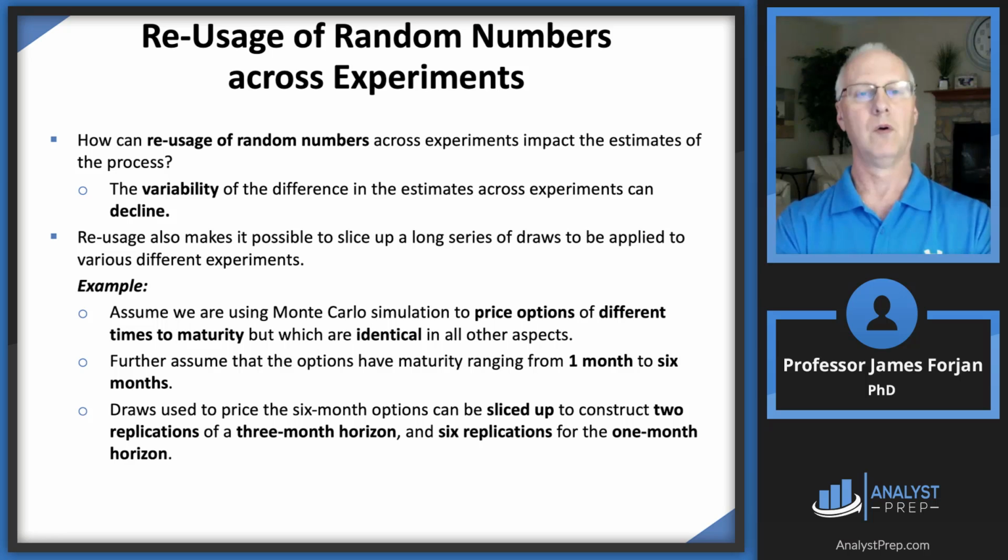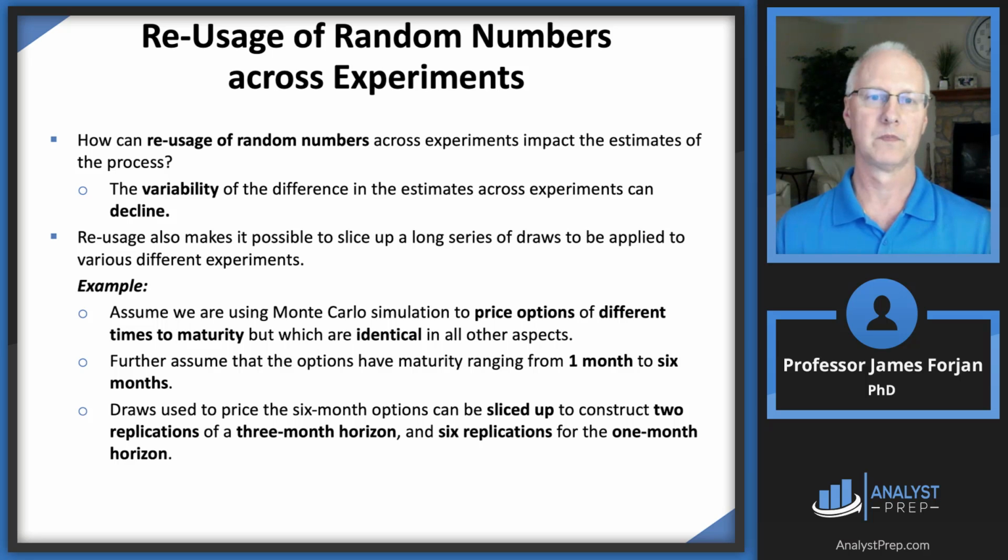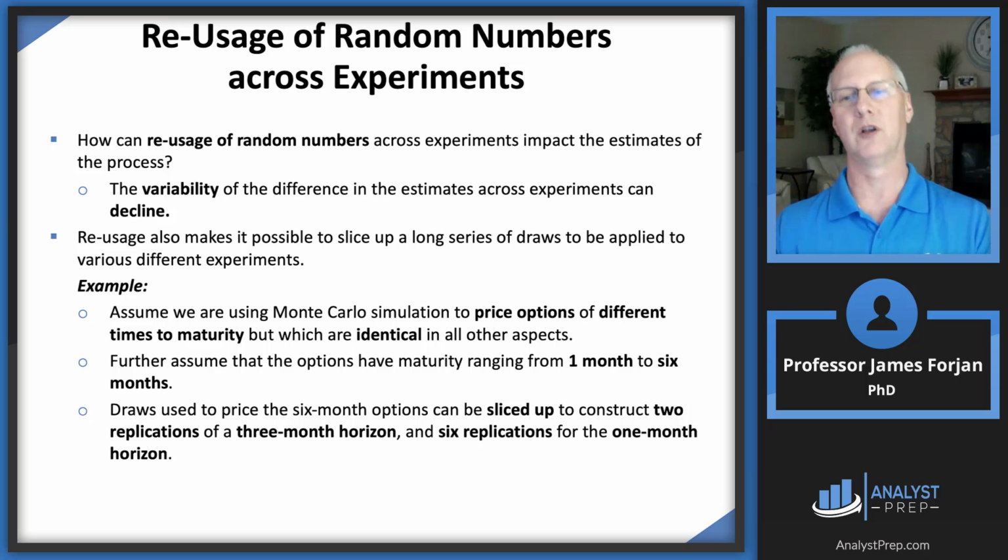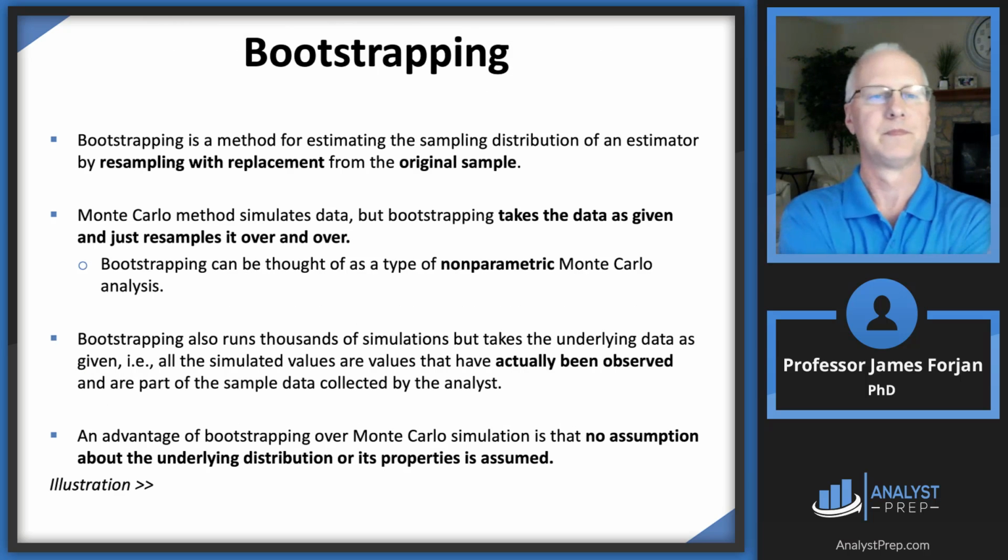We can use the data for the 1 month option to help us price the 3 month option, or vice versa. So that's what we're doing here. We can reuse some of these random numbers across experiments so that the variability in the difference of the estimates across those experiments can decline. That should make good sense.